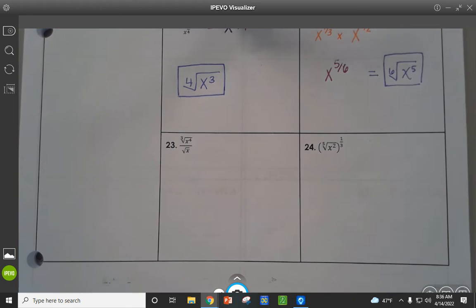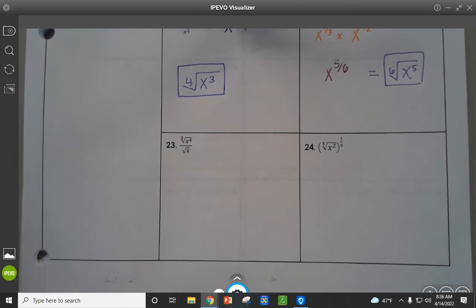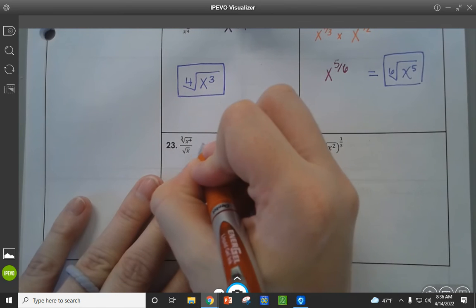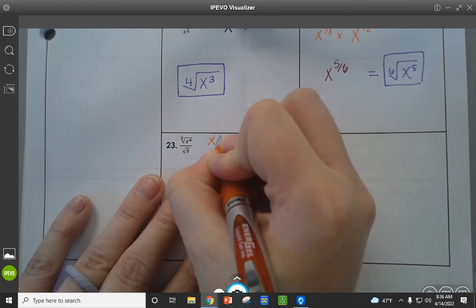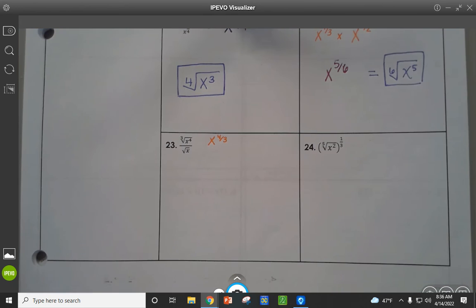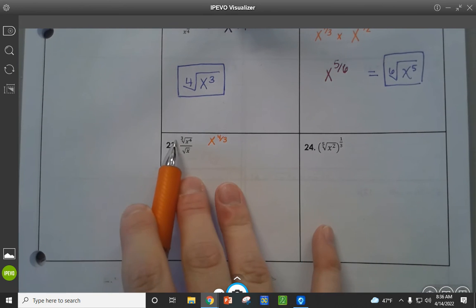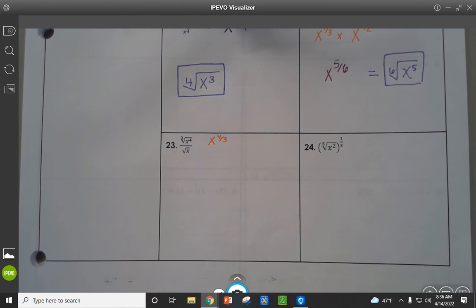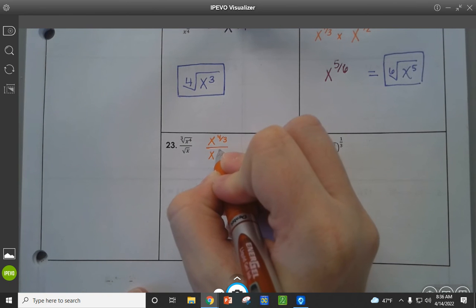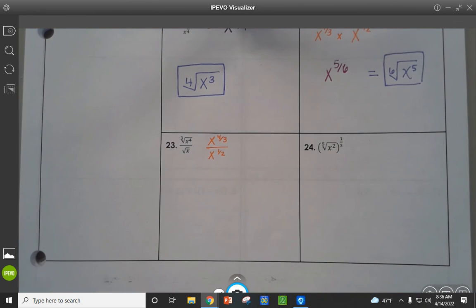Number 23. This would be x to the 4/3 because it's the 4th power cube root, divided by x to the 1/2.